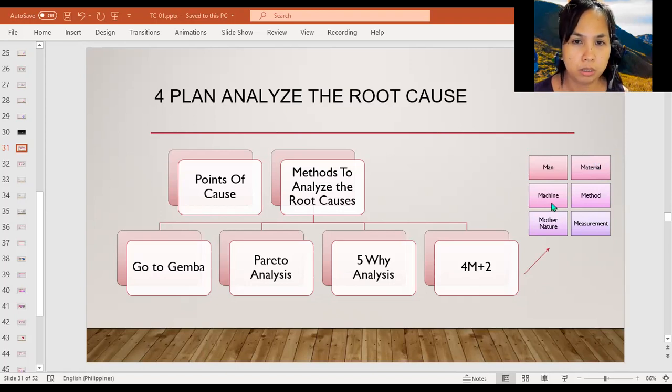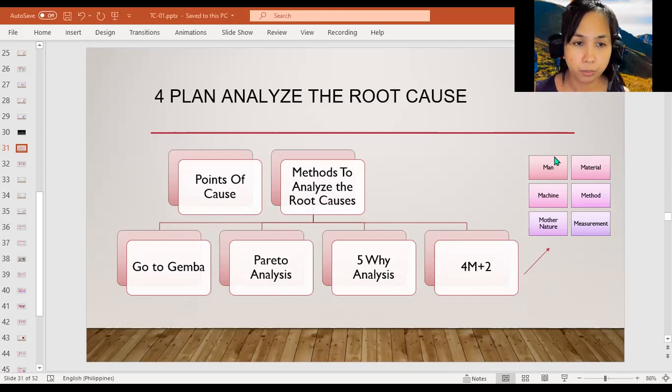Here, we focus on the potential root causes associated with things like equipment condition and the settings used to operate the equipment. And then we have the fourth M, and it stands for method, for things like work instructions or the lack thereof, as well as the way jobs are performed. These are investigated, okay, as potential root causes.